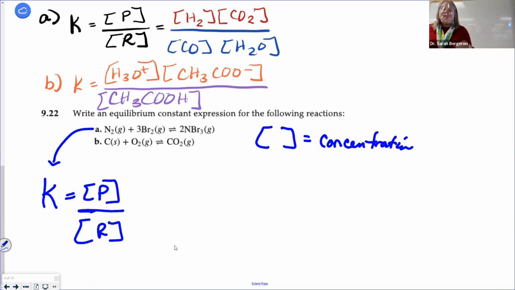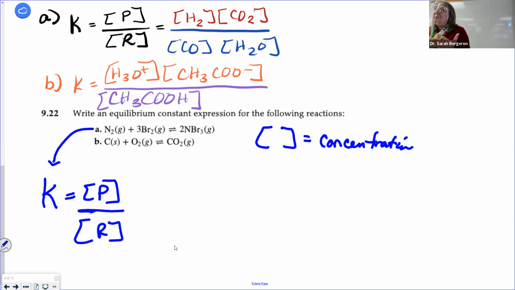Okay. So when I do this, I need to take into account all the reactants and all the products whose concentration can change. So if I'm a gas, if I'm aqueous, I can change.